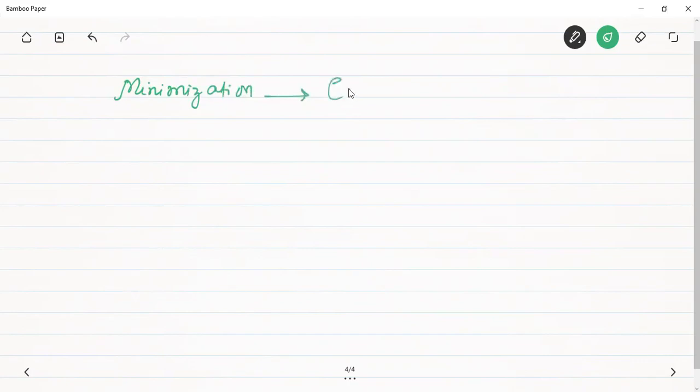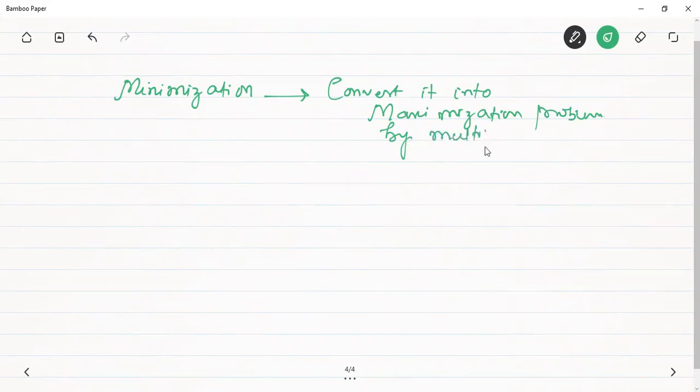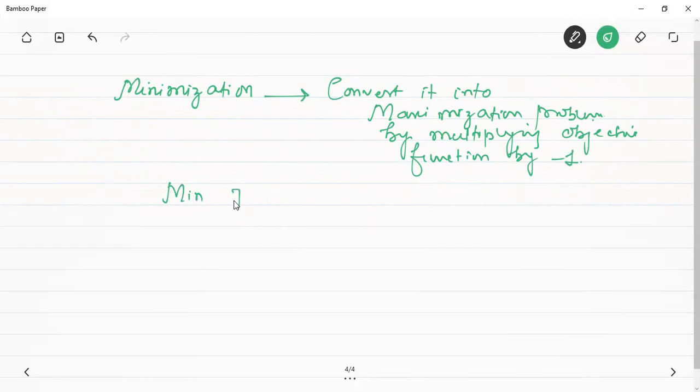We first convert it into a maximization problem by multiplying the objective function by -1.